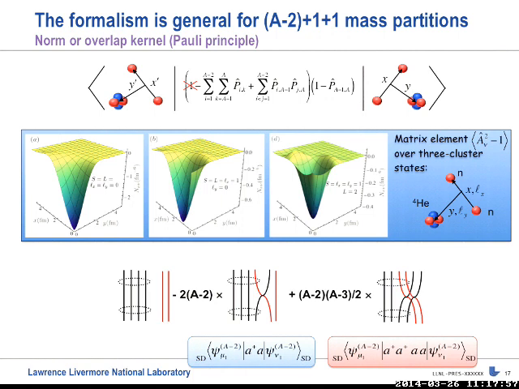And of course, in a system like helium 4, for example, which is largely an S-wave nucleus, the largest component of the exchange kernel is in the partial wave in which these two systems are in S-wave of relative motion, because of course one has to cancel the h bar omega 0 component that would violate the Pauli principle.